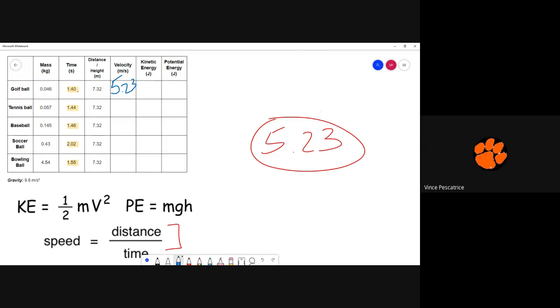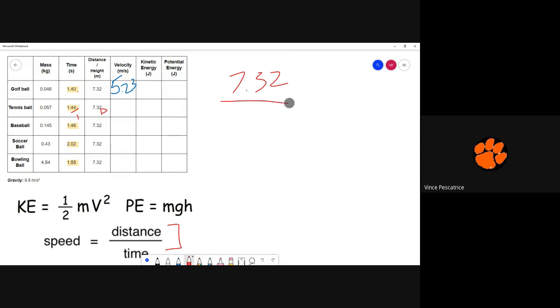One more time, if I were to do this formula, this is time and this is distance. So it'd be 7.32 divided by 1.44. Put that into your calculator. You should get 5.08, and then that goes here.